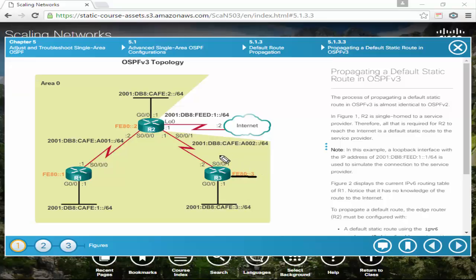So they send to like FF02, I believe :5. Let's see, FF02. One second. Okay, so FF02:5 is all SPF routers, which is shortest path first routers.